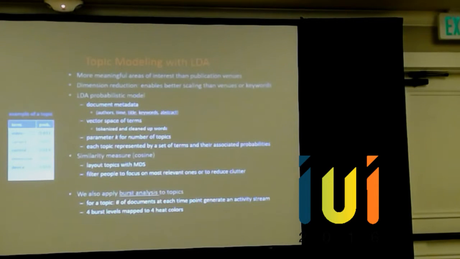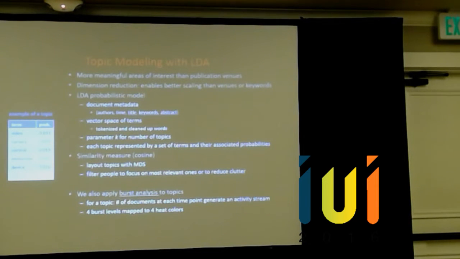It has a vector space of terms that are given by the tokenized keywords and the tokenized, cleaned up words. And there's a parameter k that specifies the number of topics. What the LDA topic model gives you is a representation where each topic has a set of terms and associated probabilities. You see an example there on the left.